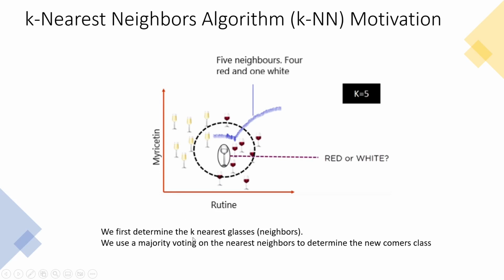And we use majority voting on the nearest neighbors to determine the newcomer's class. Since we have two classes in this example, red wine has 4 votes because there are 4 elements from red wine, and white wine has 1 vote because it has just 1 element from this class. So 4 out of 5, 1 out of 5, that means red wine wins the voting, and this wine is from the red wine class.